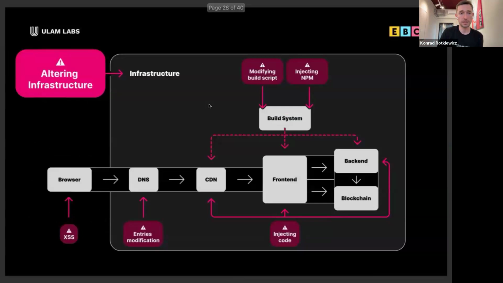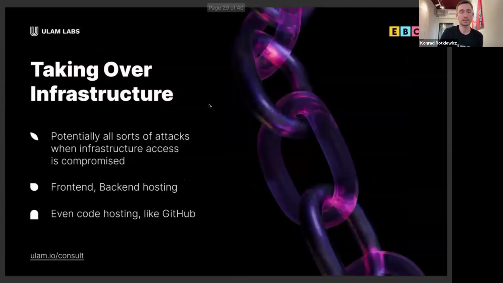Okay, the next one is attacking the infrastructure itself. This is kind of an umbrella term, a basket for all the things. If anyone has access to the infrastructure, they can do nasty things. You should always remember to look at your infrastructure as a whole, not only at hosting your backend and frontend, but even GitHub itself.